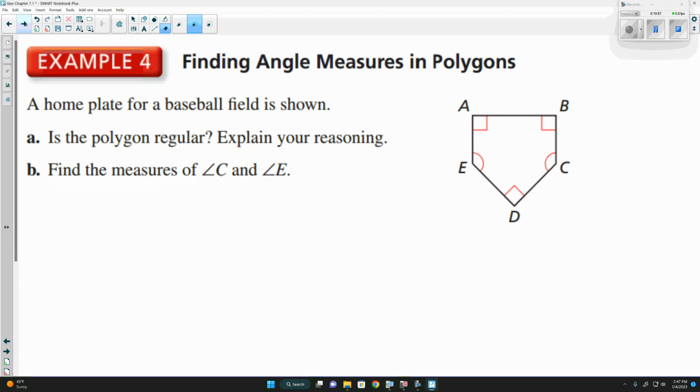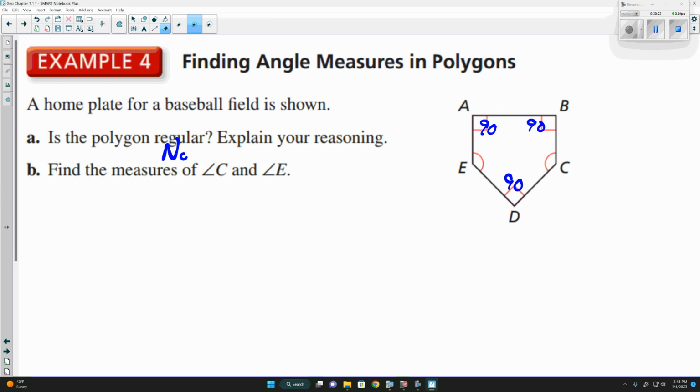So, is the home plate for a baseball field a regular polygon? No. Because so all sides could be equal, but what are all the angles? Because A, B, and D are all what? 90, 90, and 90. So are all the angles congruent?